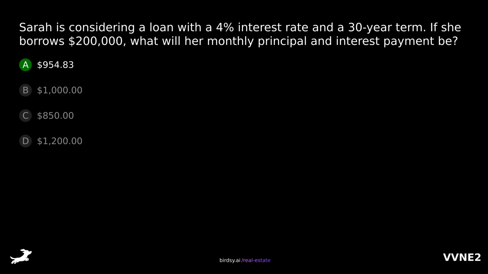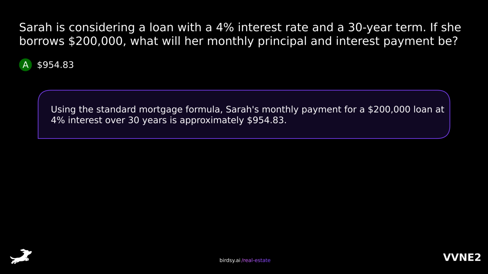The answer is A, $954.83. Using the standard mortgage formula, Sarah's monthly payment for a $200,000 loan at 4% interest over 30 years is approximately $954.83.